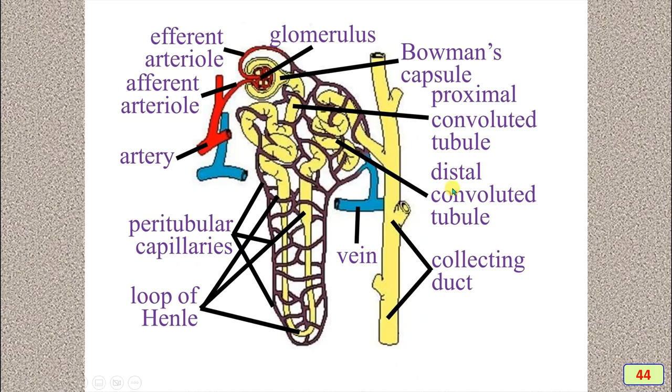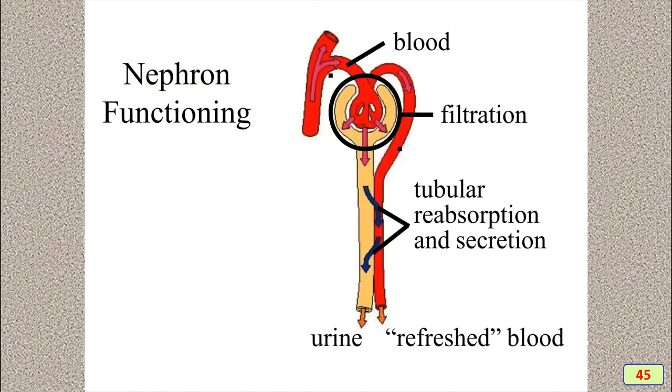Then the proximal convoluted tubule and distal convoluted tubules both contribute to the formation of the urine. The nephron is a very special structure in the kidney which receives the blood from the renal artery.